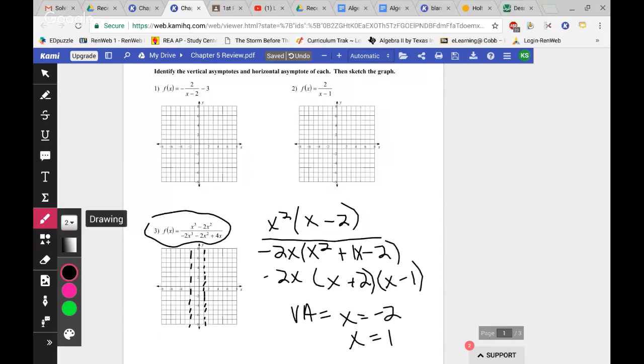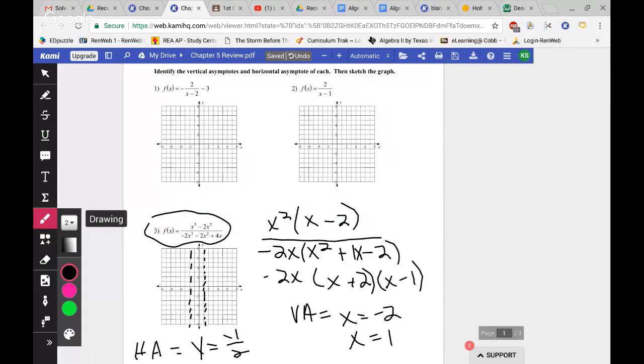The leading coefficient at the top is 1, and at the bottom it's -2. So my horizontal asymptote is going to be y equals -1/2.